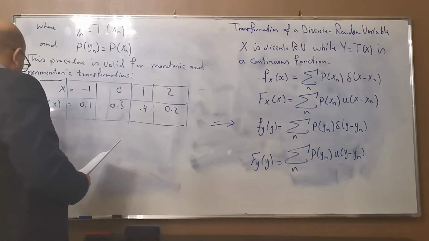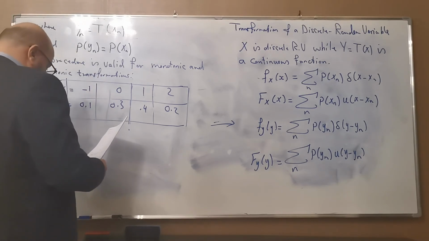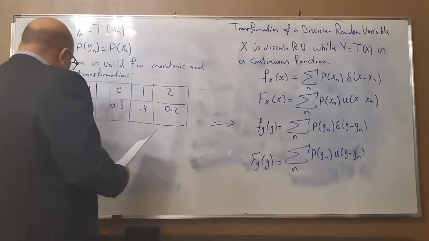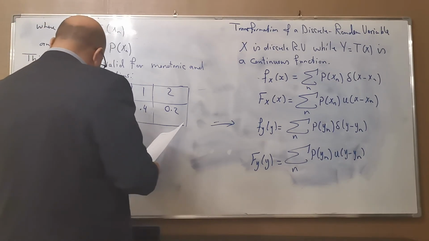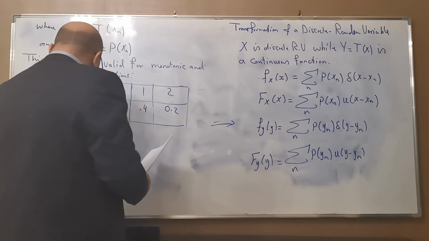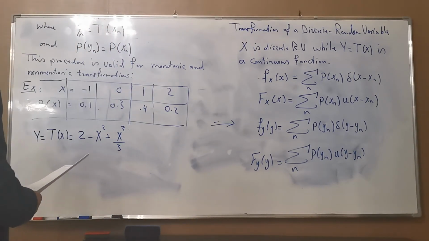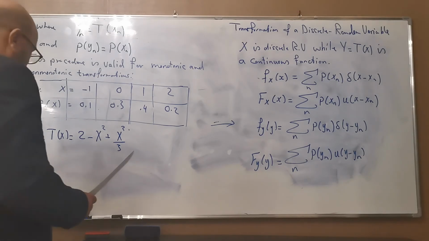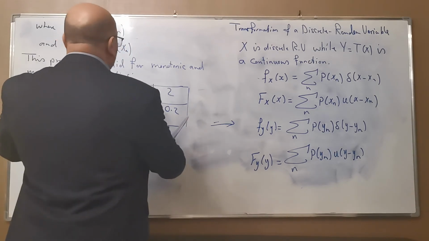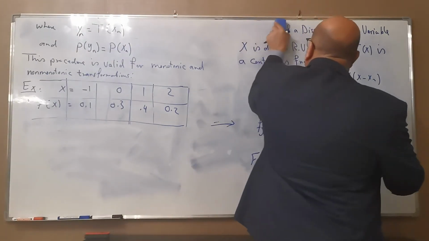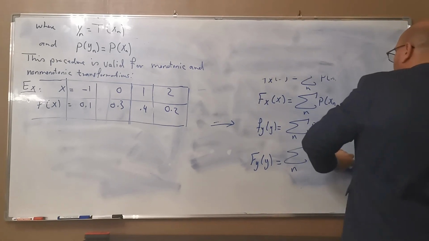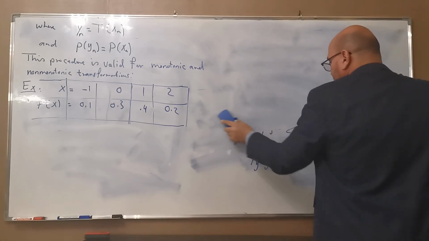Let's define y equals T of x equals 2 minus x squared plus x cubed over 3. So this is our transformation. I'm going to put the transformation up here so that things will be more clear.